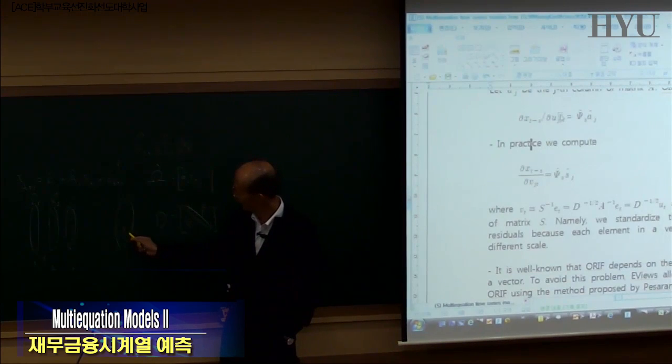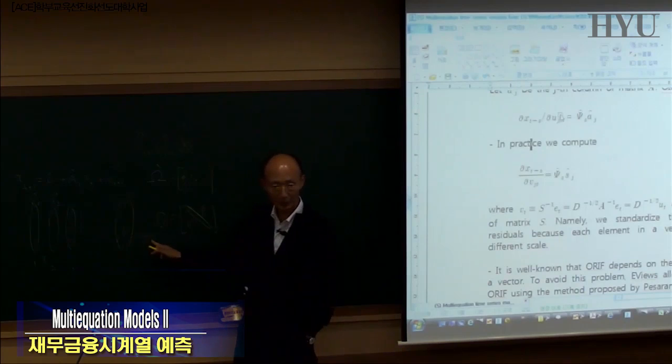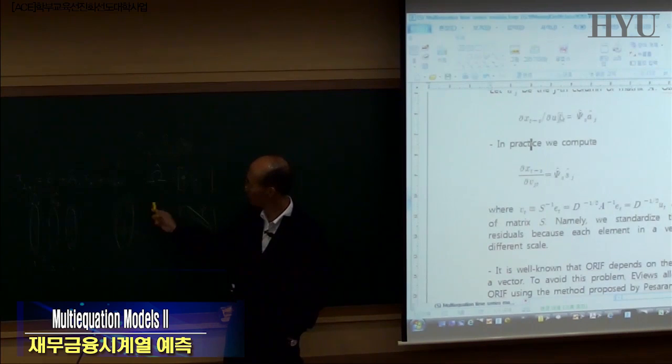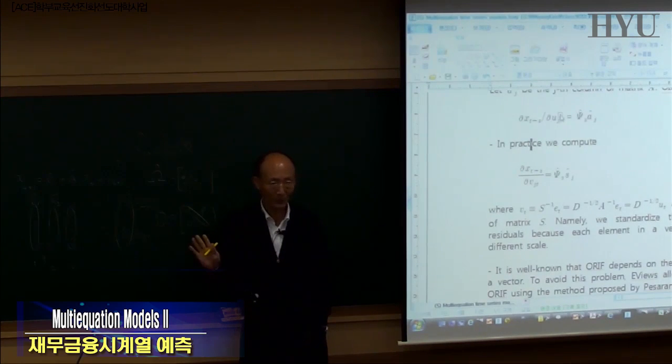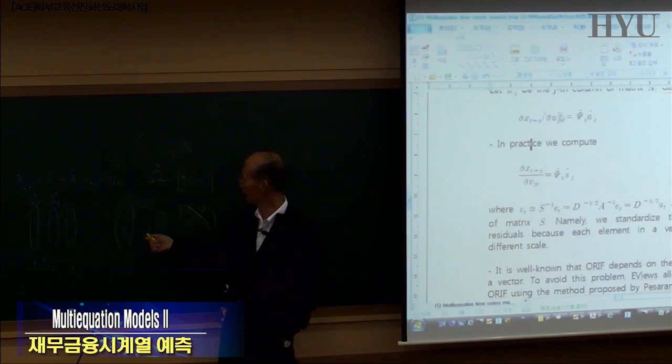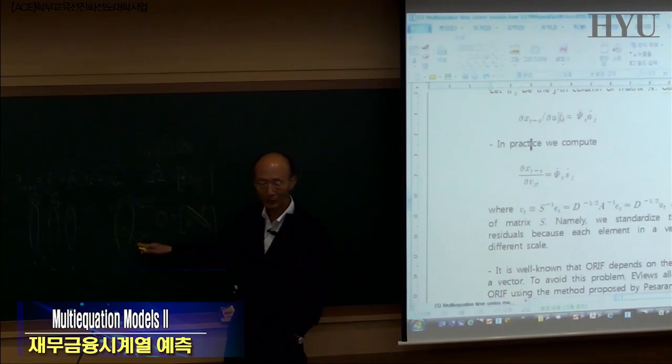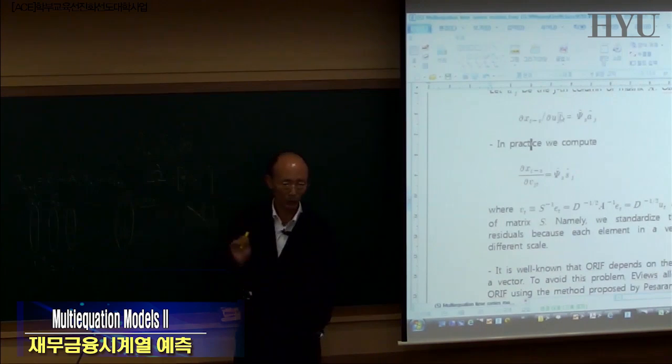So if this one is measured on a decimal scale, like 2, 1, but this one is measured on the usual scale, a change in this value by 1 and a change in this value by 1 are very different, right? So you want to standardize these numbers using their standard deviation to make them comparable.